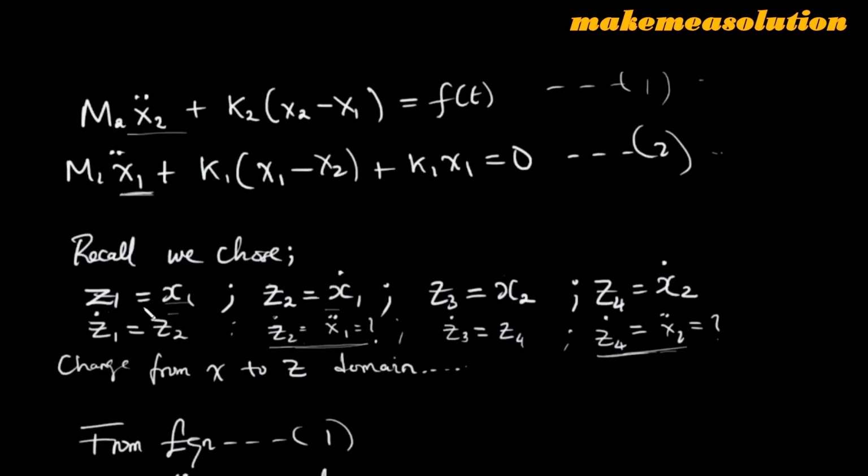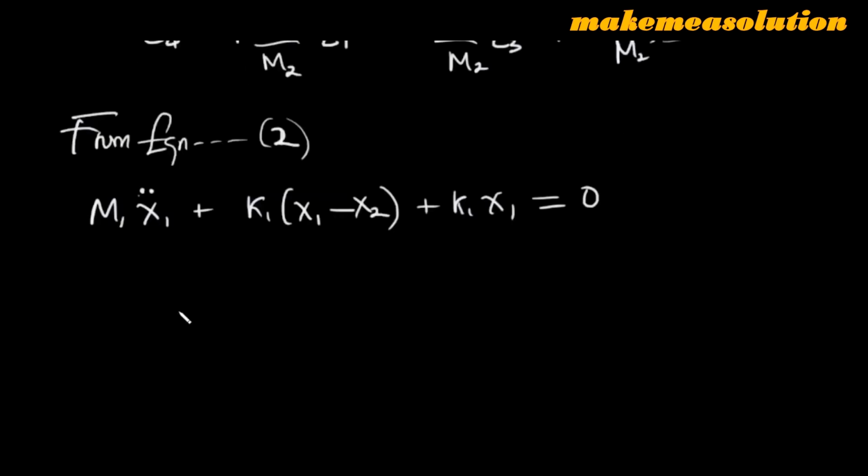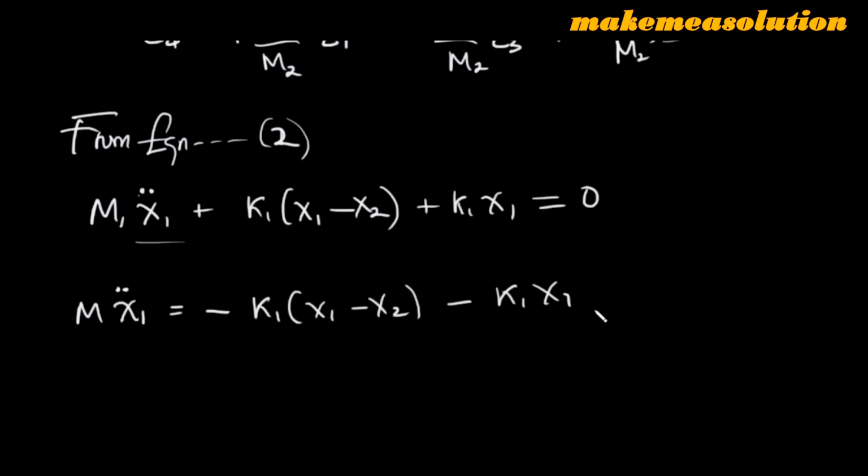Yeah. So we can now start doing the substitution. Or first of all, let's make this the subject of the formula. So m1 x1 double dot is going to be negative k1 into x1 minus x2, and you now have minus k1 x1.